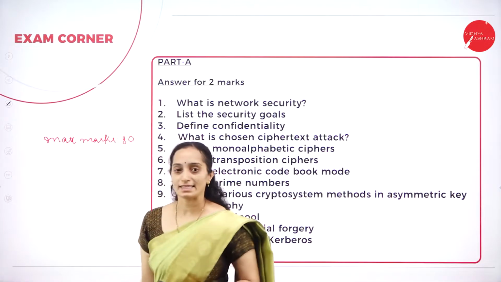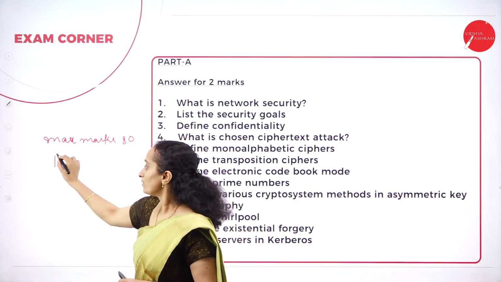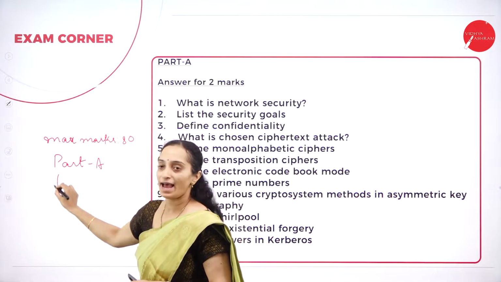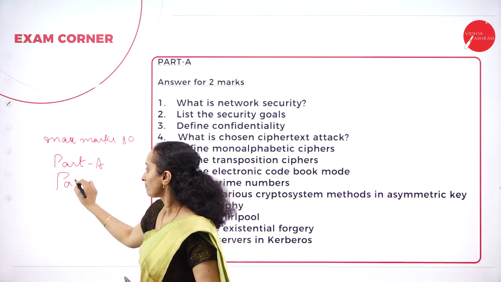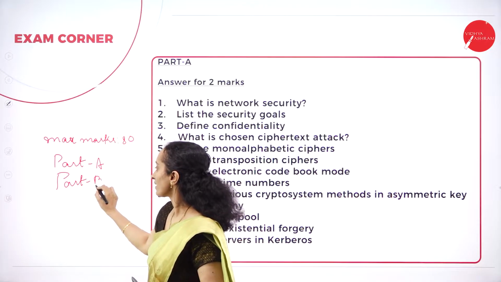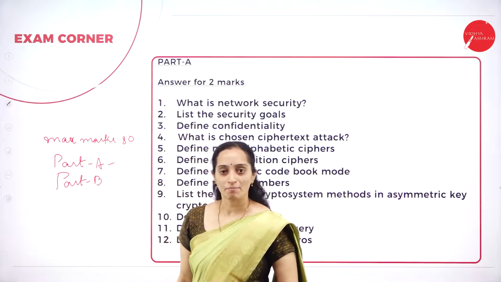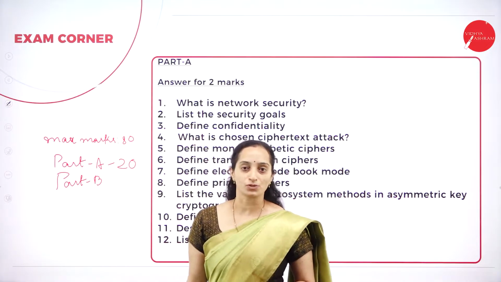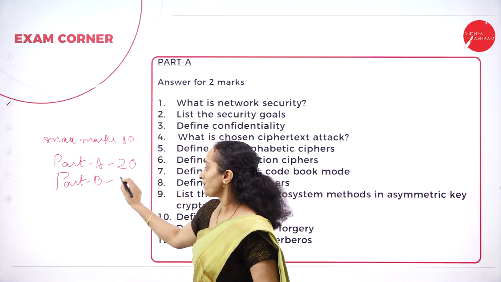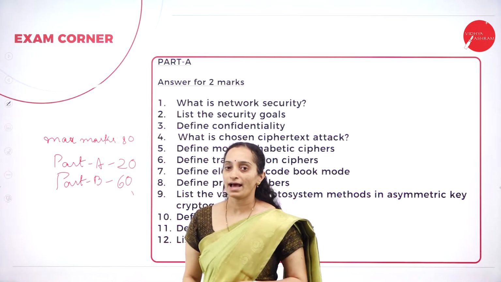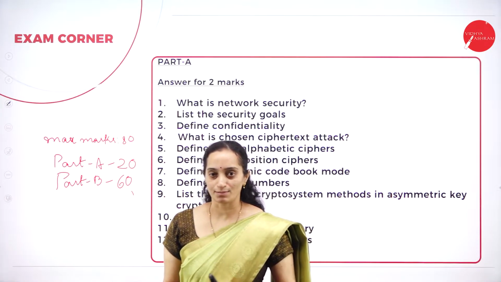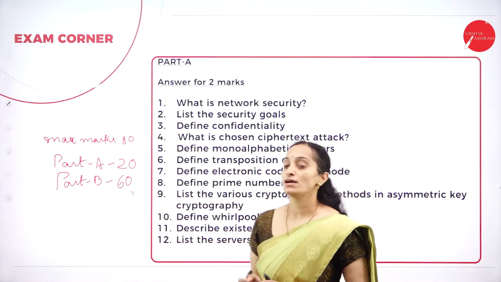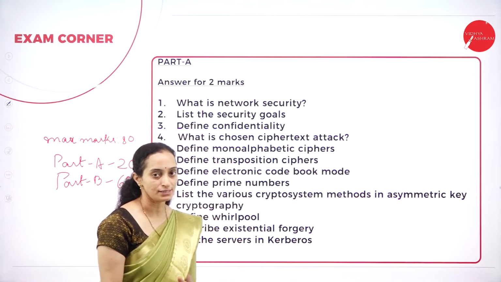In this, you will be having two parts, part A and part B. Part A has the 20 marks distribution, whereas part B will have the remaining 60 marks, isn't it? So in part A, you will be having 12 different questions.